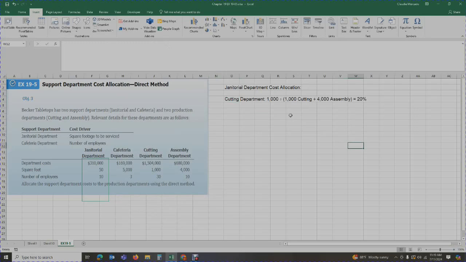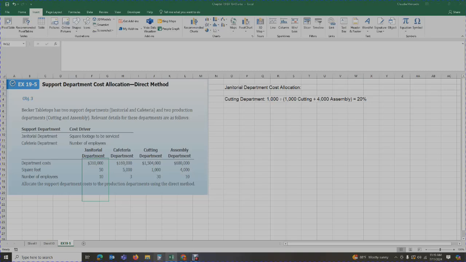So let's refresh. What are we doing here? We're identifying that the cutting department gets serviced 1,000 square feet of janitorial services. Now we're going to divide their usage by the total square footage to be serviced of both production departments. Both production departments in total have 5,000 square feet, 1,000 from cutting and 4,000 from assembly.